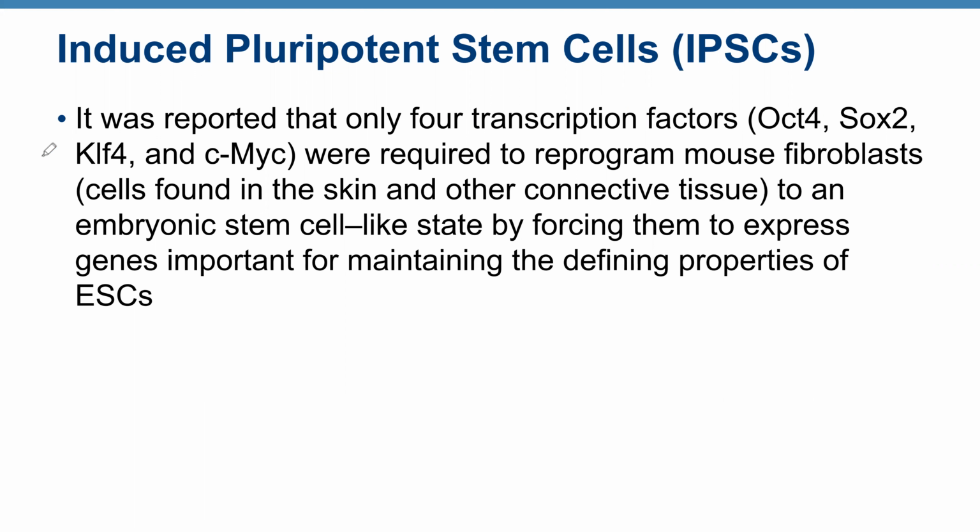It was reported that only these 4 factors were required to reprogram mouse fibroblasts, cells found in skin and other connective tissue, into embryonic stem cells. So we'll take cells of skin, add those factors, and reprogram them into embryonic stem cells.